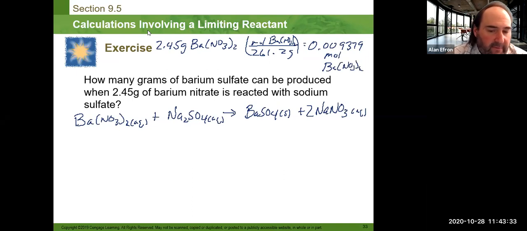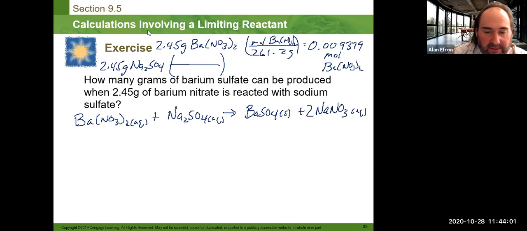We also want to convert our sodium sulfate into moles as well. So 2.54 grams of Na2SO4. Again, here from the periodic table, we got 2 sodiums at 22.99, plus a sulfur at 32.07, plus 4 oxygens at 16 each.